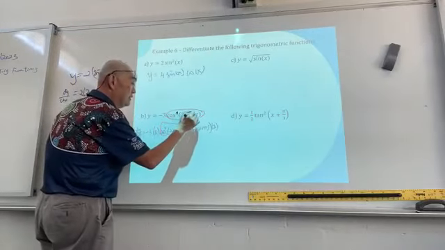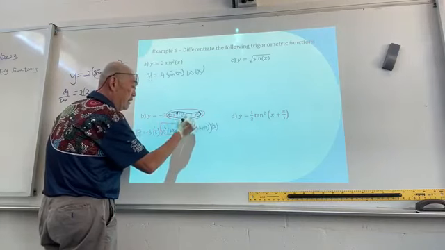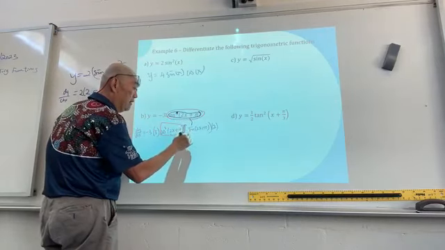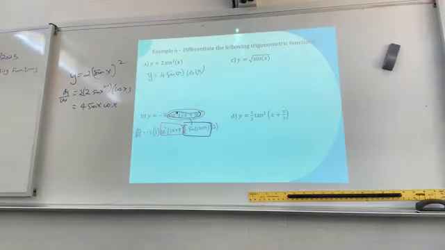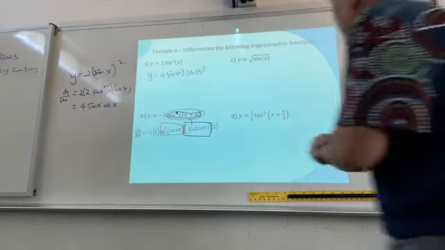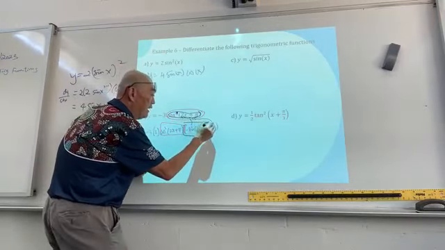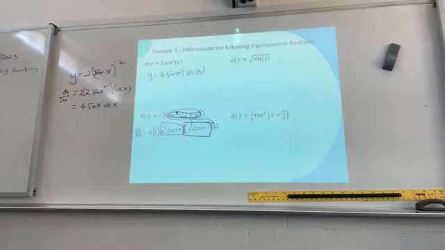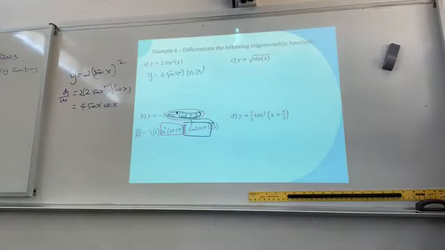Finally, the last bit, I just look at the inside, 2x plus pi, and differentiate that, which gives me 2. Are you all okay with that?